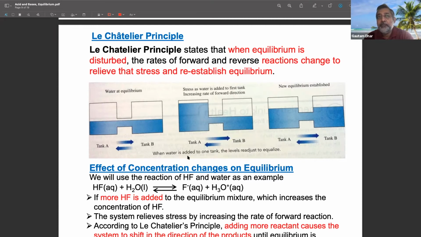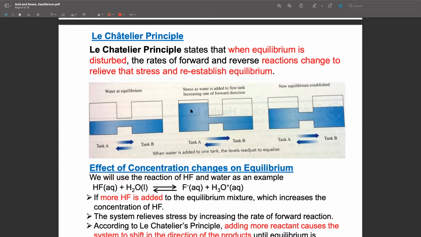Now let's say there's a tap on tank B, and if I open the tap, that's my product. So I am basically draining out the product. What happens to the water? As B drains out, what happens to A? Is there flow into tank B? Yeah.